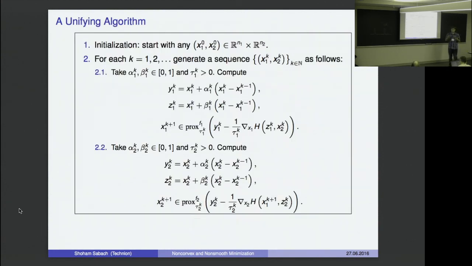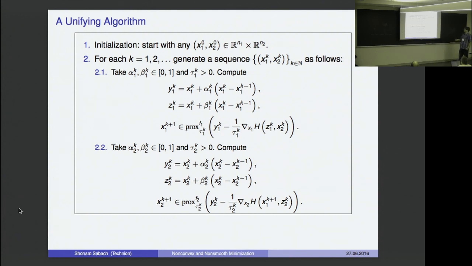Okay, so we have a general framework, we have an optimization model. Let's discuss the algorithm. As I said, I would like to present today a unifying algorithm for tackling this model. It might look a bit involved at first, but I will explain it, and you will see that it's very simple. The algorithm consists of two main steps, and each of these two steps is exactly a proximal gradient step.